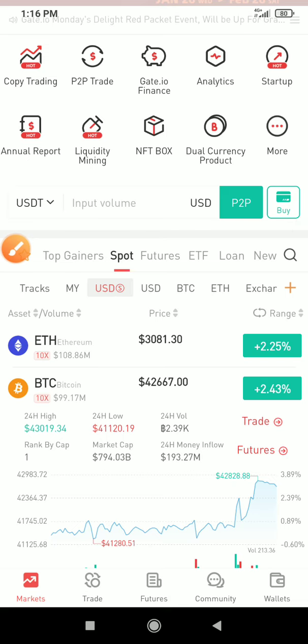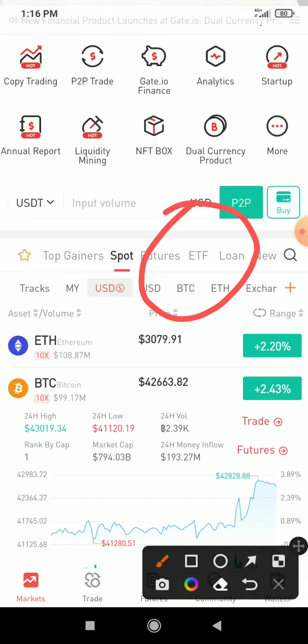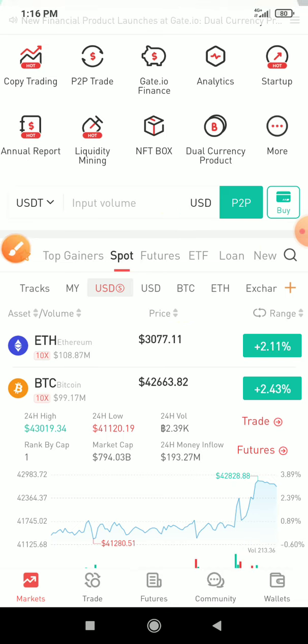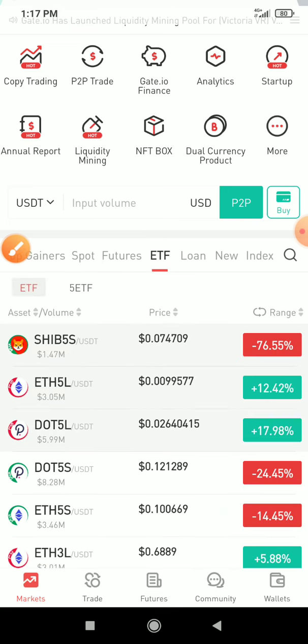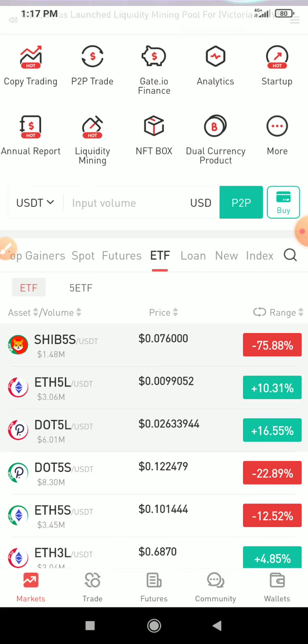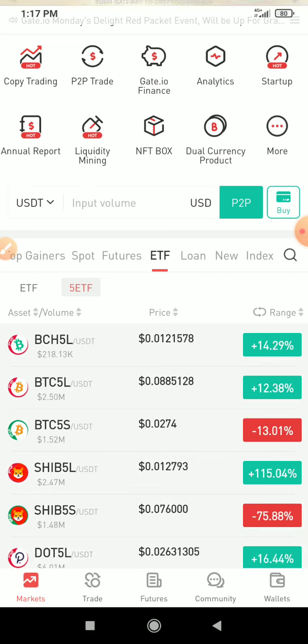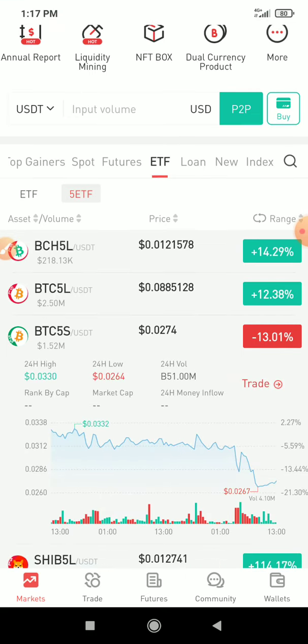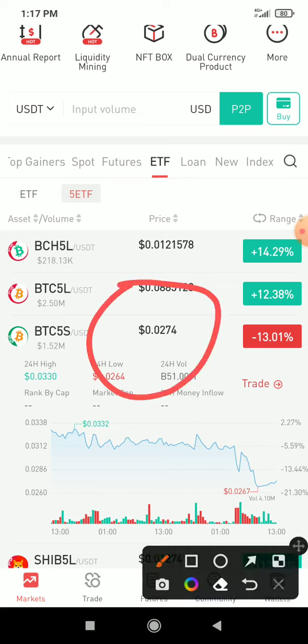Now first we have to go to the ETF option, tap on the ETF option, and then BTC S. Search the BTC 5S ETF. Then the BTC S price is so low, only 0.02.